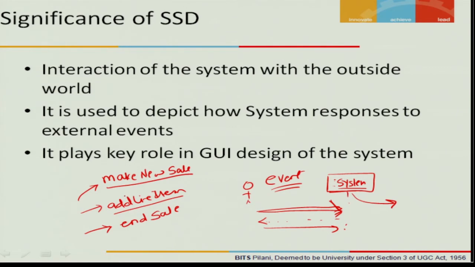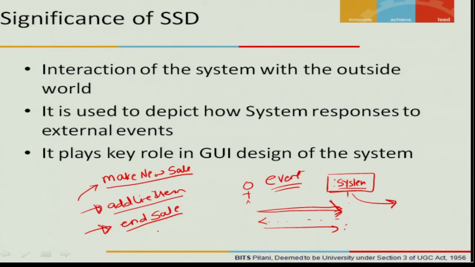So there may be a button titled end sale, and that button is getting pressed by the cashier. So some event will be generated: end sale, add line item, make new sale. So this kind of events are generated by the cashier. So you can see event generation and event handling by the system inside SSD.